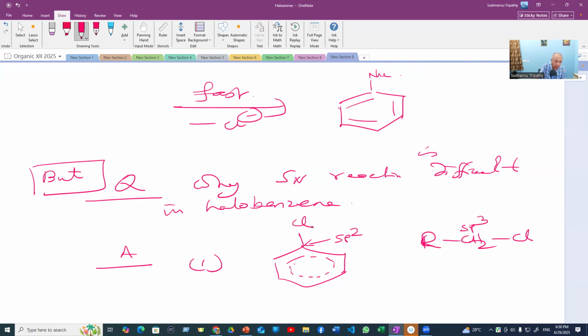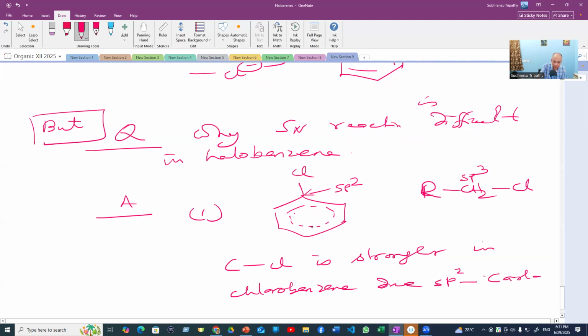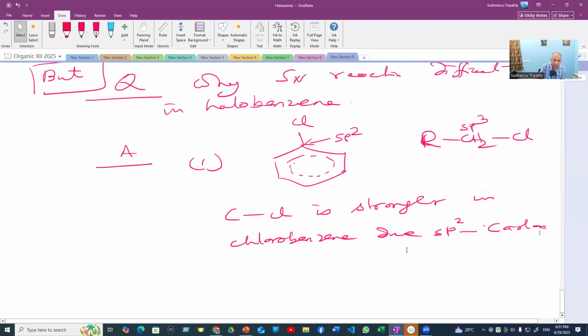So more percentage of s character will make the bond shorter and stronger. And moreover, the C-Cl bond is stronger in chlorobenzene due to sp2 carbon than in alkyl halides where the carbon is sp3 hybridized.